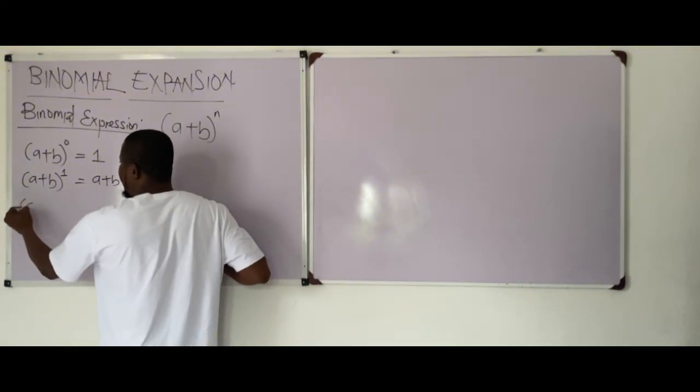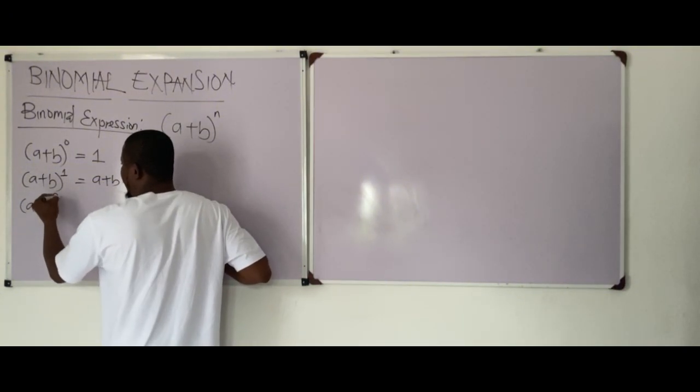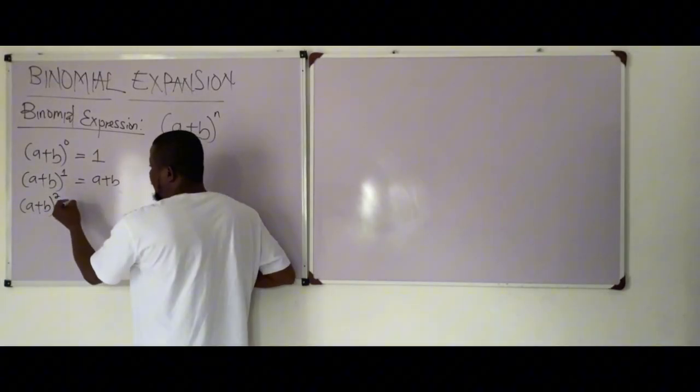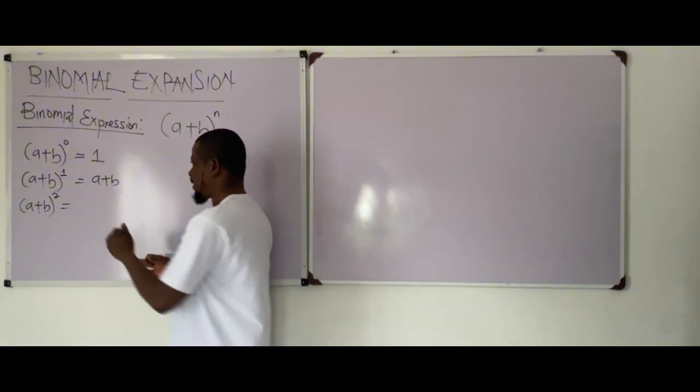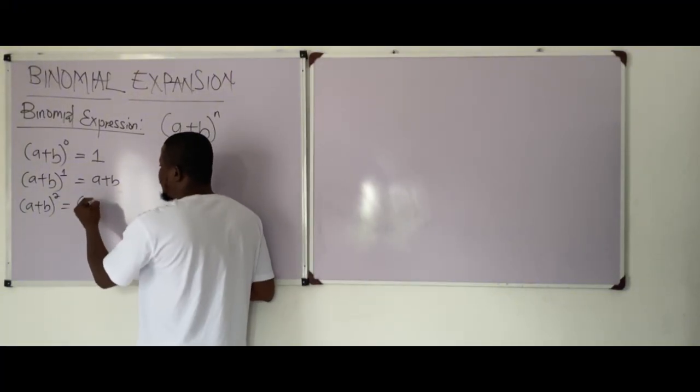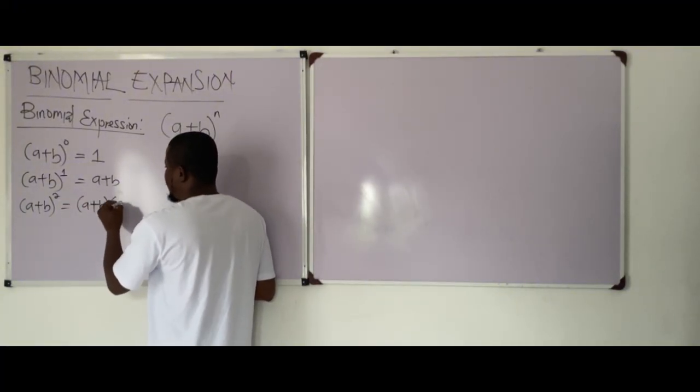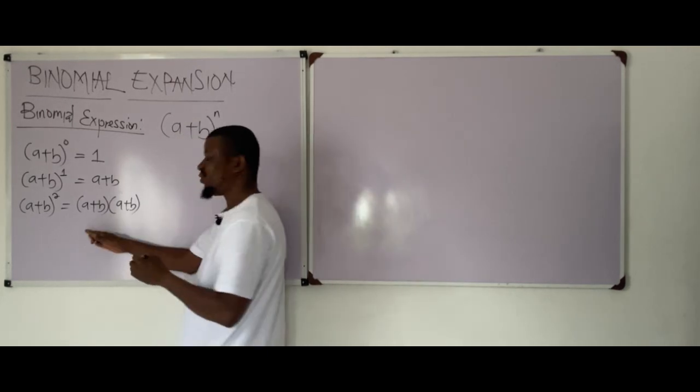Now, if you have (a + b) to power 2, this is more like combining this expression in two brackets: (a + b)(a + b), and then you expand this.